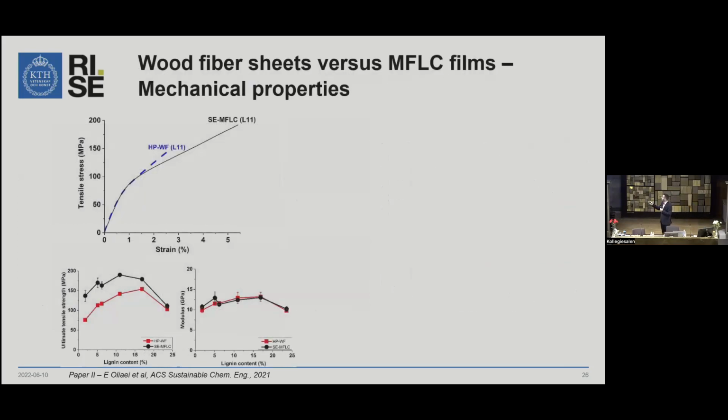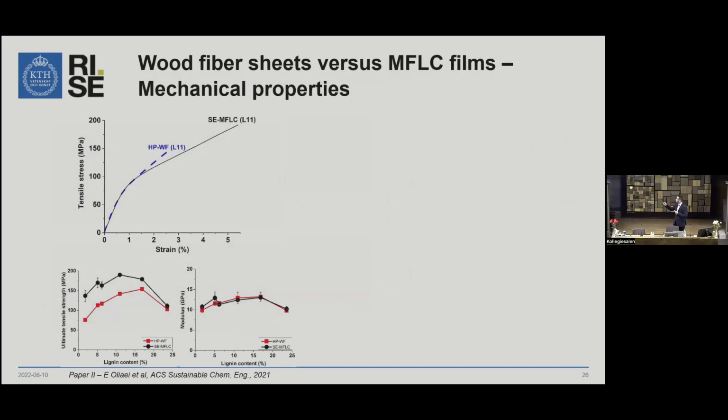We then plotted tensile curves for the hot pressed wood fiber and the MFLC structure of 11% residual lignin content at similar density.